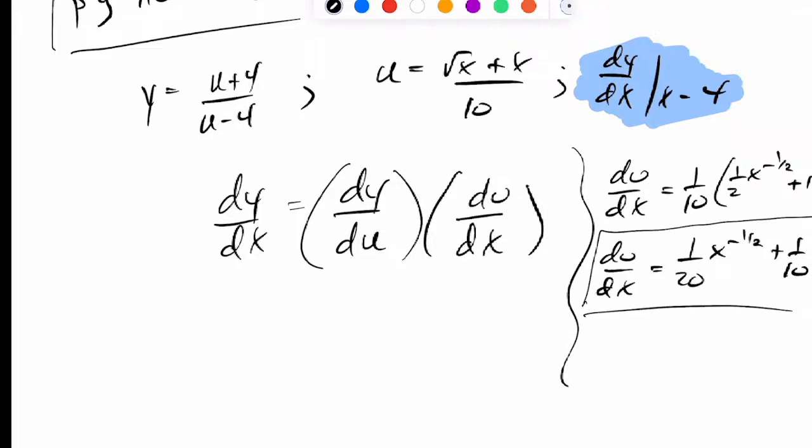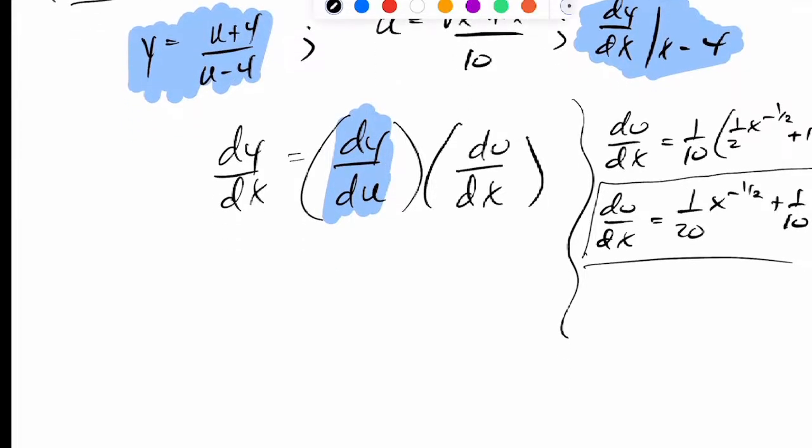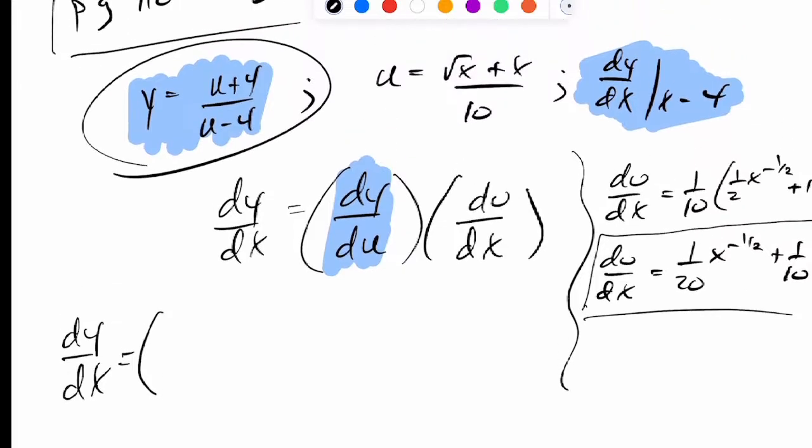So now I want to find dy dx, or dy du I should say. So I want to take the derivative of y with respect to u. That's this one right here. So to do that, I'll have to do the quotient rule. So I think I'll just put it right inside. So dy dx is going to equal, so this, I have to take the derivative with respect to u.